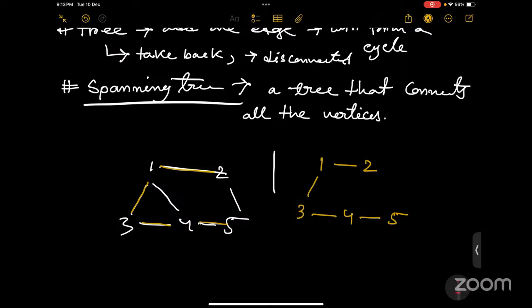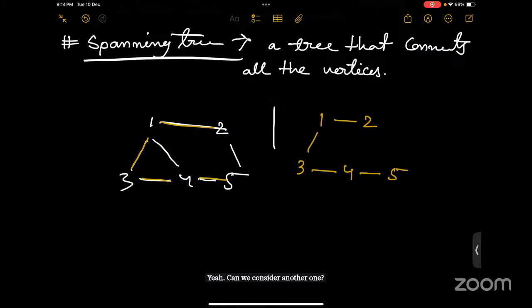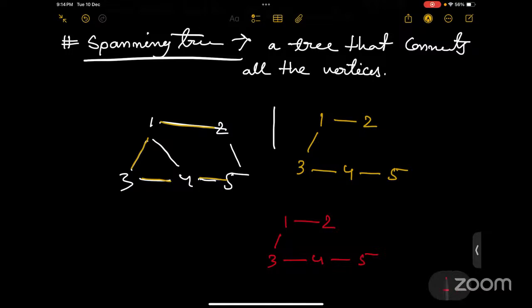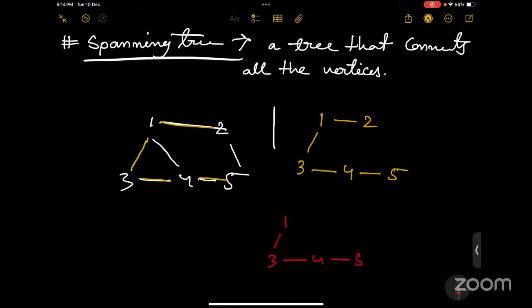Can we consider another one like that, which will contain all the vertices? So we can also consider like that 1, 2, 2, 3, 4. Sorry, this is what we already considered. So we can also consider this one, right? 5 and then 2, right? Yes, both of them are spanning trees.